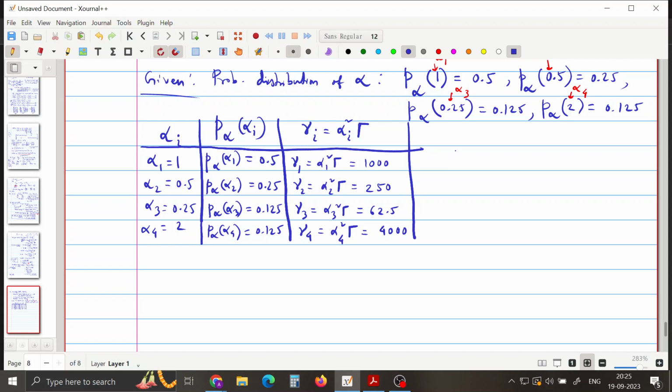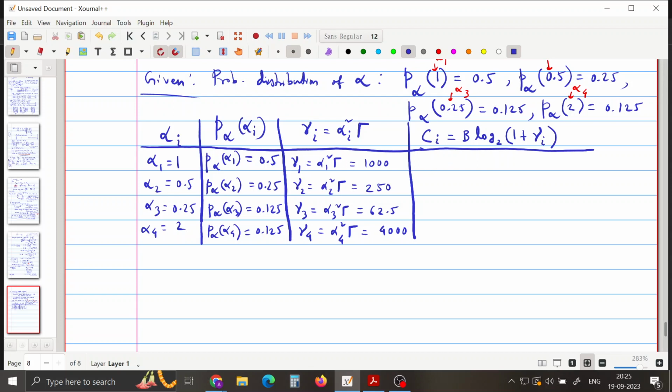And the final column is the C i, the instantaneous capacity. What is the expression for channel capacity? We just saw in the previous example, this is not normalized capacity, this is general capacity: bandwidth B times log base 2 of 1 plus instantaneous SNR gamma i.